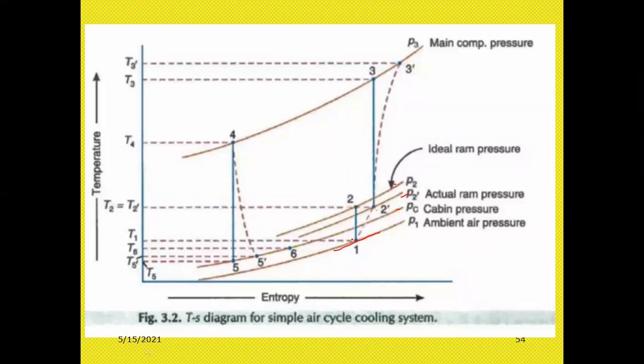T5 is the ambient temperature, T4 is the temperature, and T3 and T3 dash. Why do you see the deviation here? Because the change in the temperature 5 shows the change in the temperature 3. That's why in the TS diagram of a simple air cooling system, the diagram is shown in this manner.